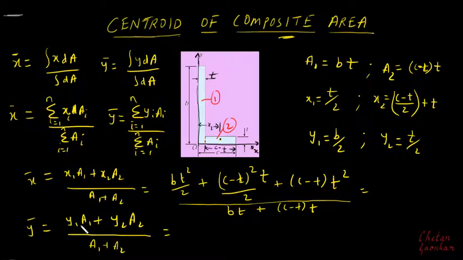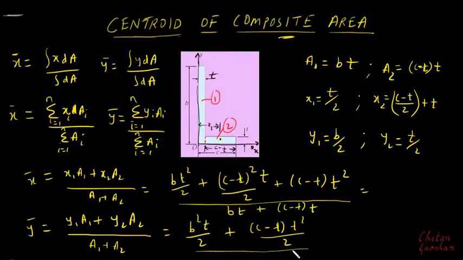That will be y1 multiplied by a1, which is b square t by 2, plus y2 multiplied by a2, which gives us c minus t multiplied by t square by 2, divided by again a1 plus a2, that is bt plus c minus t multiplied by t. And if I further simplify this, I should get this x bar and y bar.